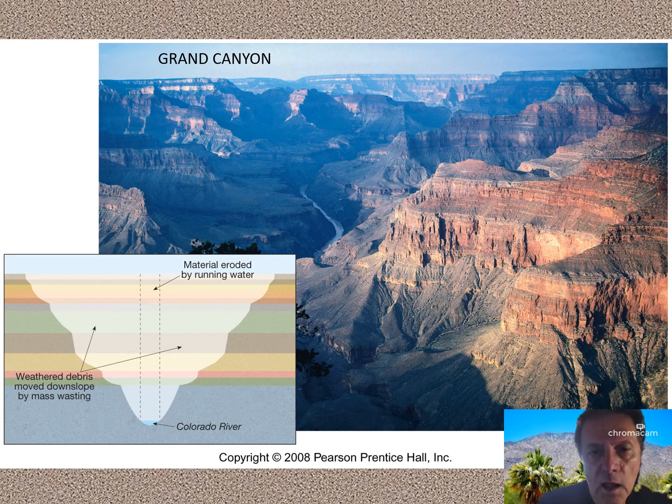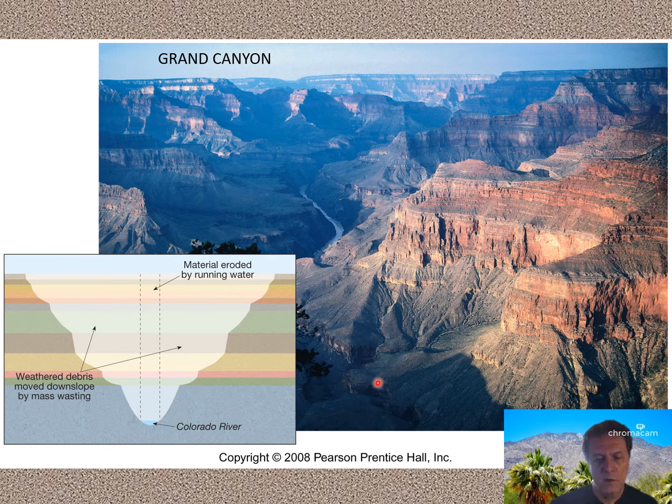The Grand Canyon, again, is a stack of sedimentary rocks and volcanic rocks. Actually, the lowest rocks are what we call a schist, which is a metamorphic rock, which we haven't talked about yet. The metamorphic rock is a rock that's been transformed by pressure and heat.